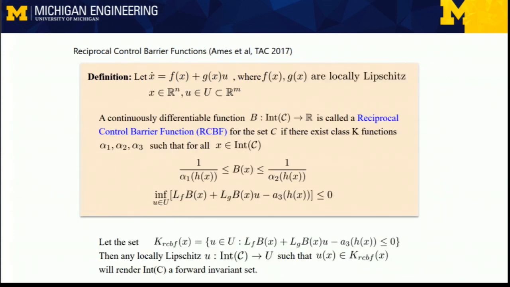And with a characterization for set invariance with these functions for systems without control inputs, the question is, if we have now systems with control inputs, like systems that are nonlinear and control affine, then what are the characterizations for controlled invariance of the set?